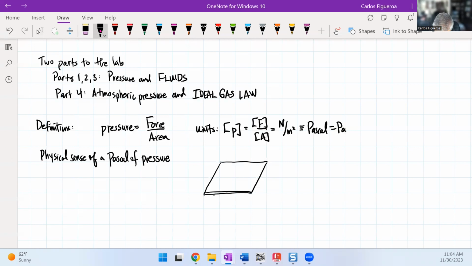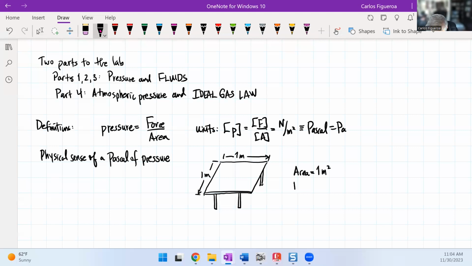And what you're going to do here is set the dimensions of the table to be a meter squared, which is effectively a 3-foot by a 3-foot table. So that means the area that we've chosen here is 1 meter squared.